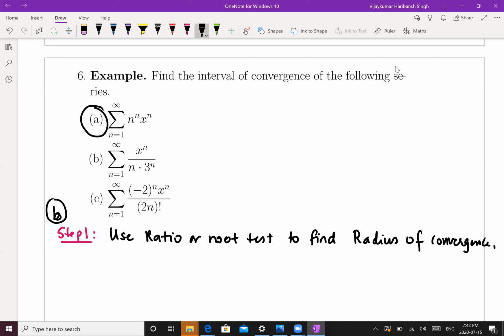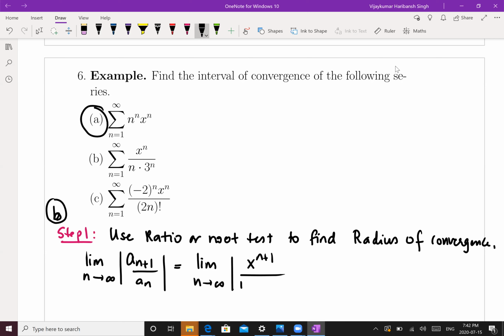The limit as n goes to infinity of a_(n+1) upon a_n. This is going to be the limit as n goes to infinity of x to the power n plus 1 upon (n plus 1) times 3 to the power n plus 1, divided by x^n upon n times 3^n. Dividing by a_n is multiplying by the reciprocal of it.